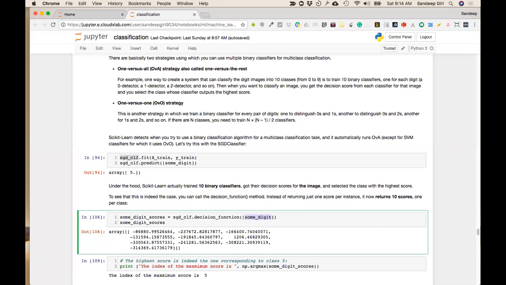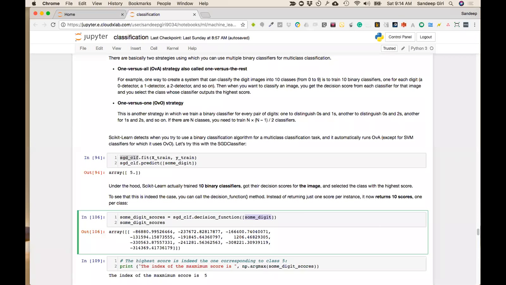A question from Gopi is, in case some digit was some other number, SGD classifier.predict would be a different number. Correct, that's right, Gopi. What is the range for SGD classifier decision function? I'm not sure about the range.